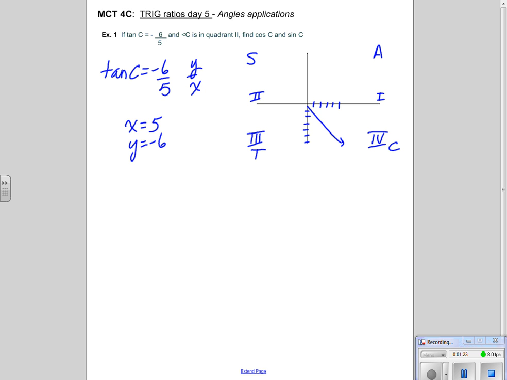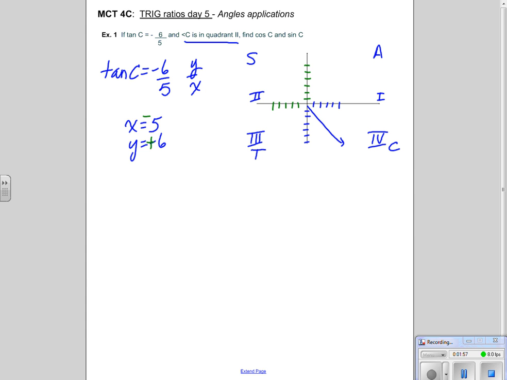And we were told that angle C is in quadrant 2. So tan is negative in quadrant 2, and we expected that it would be. But when I have x is 5 and y is minus 6, I'm in the wrong quadrant. So if this is a negative ratio, then my x value must be negative and my y value positive, which would give me a negative ratio, and it would be in the 2nd quadrant. 5 to the left, 6 upwards.